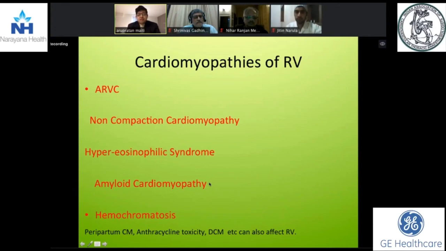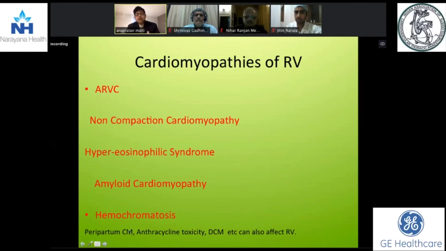The RV becomes quite hypertrophic, particularly the interatrial septum thickening is a hallmark of amyloid cardiomyopathy, and you can see a speckled appearance in these cases. Hemochromatosis can cause global dilatation of the RV and severe RV systolic dysfunction, causing ascites and hepatic congestion.